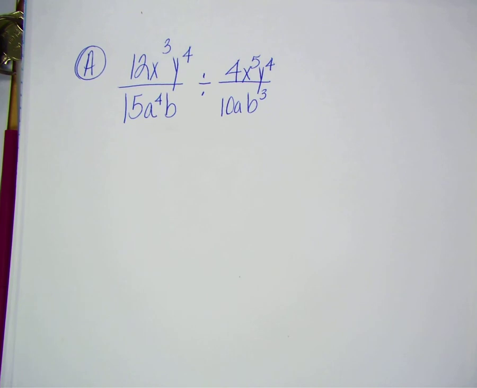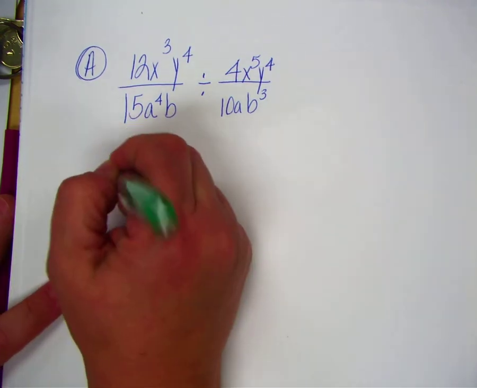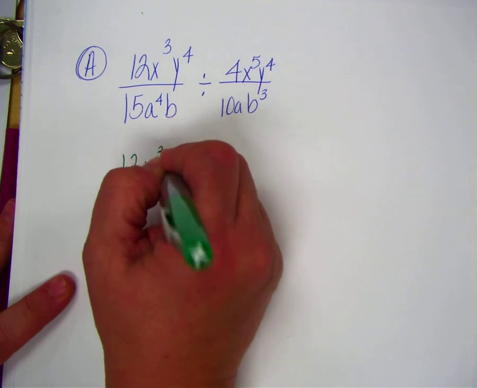Okay, so this is division, and most of you recognized that it was division. Most of you knew that you were supposed to multiply by the reciprocal, so I saw you do this.